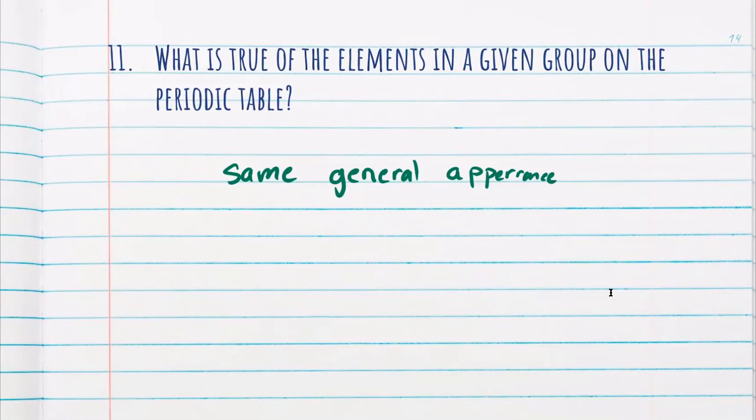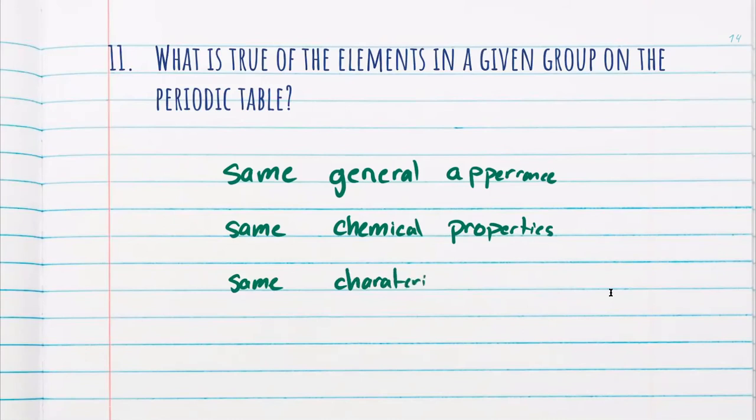They might not look exactly the same, but they do look similar. They also have some of the same chemical properties and very similar characteristics. These last two just mean that when placed in the same reaction, they're both going to react either the same or very close to it.